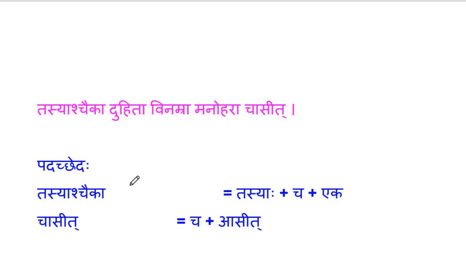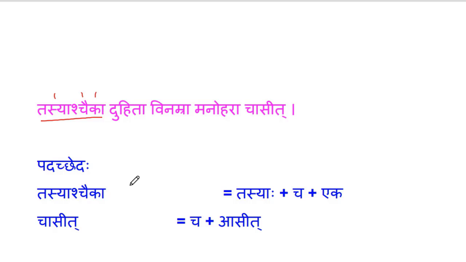There is more than one word splitting here. Tasyaschaiga is a joined word. We can split it into three words: tasya, cha, and ega. So tasyaha plus cha plus ega. Why tasyaha?